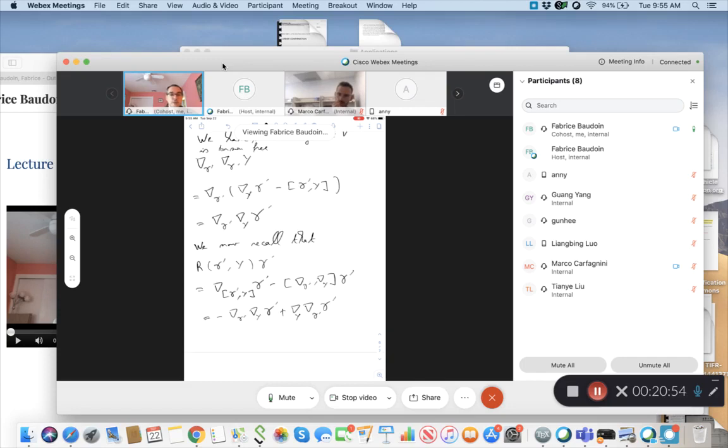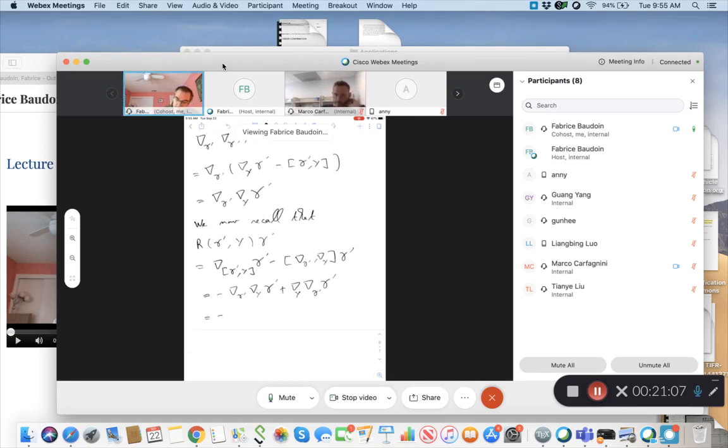The second term in the curvature tensor is going to be equal to what? 0. Very good, because I have a geodesic. This is the geodesic equation. So I end up here with the property that R of gamma prime, y, gamma prime is simply equal to nabla gamma prime nabla y of gamma prime, which is exactly the term that I computed before. I put them in red and they are the same term.